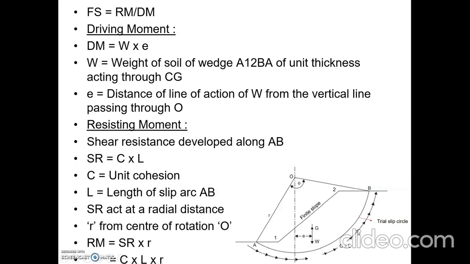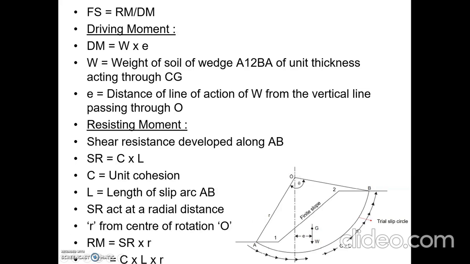That means it is resisting the flow of the soil mass which is acting downward here. So shear resistance is given by equation C into L, where C is unit cohesion and L is the length of slip arc AB. And this shear resistance is acting at a radial distance R from center of rotation O.